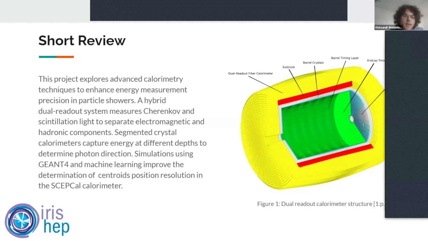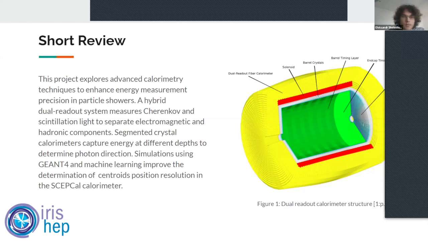The aim of my project is the determination of centroids and the enhancement of the resolution of our predictions. A centroid is the center of gravity in our electromagnetic showers, and it's quite vital for reconstruction, especially for the determination of photon direction.